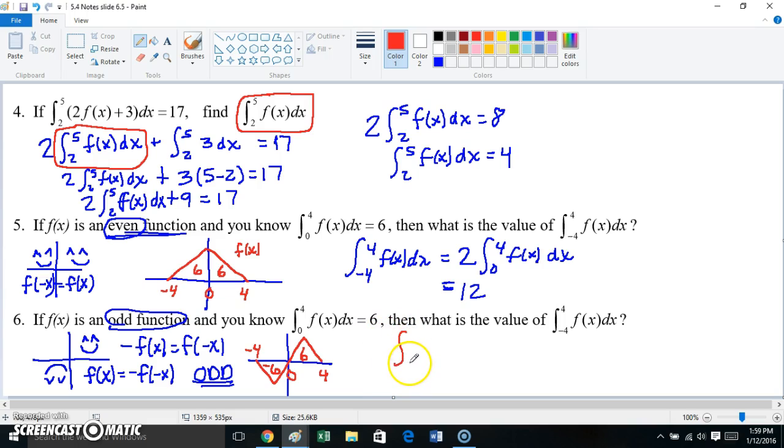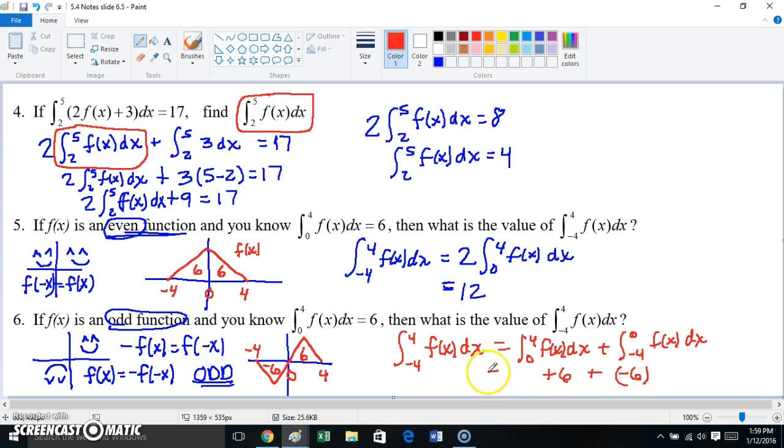So what is the integral from negative 4 to 4 of f of x dx? It's going to be the integral from 0 to 4 of f of x dx plus the integral from negative 4 to 0 of f of x dx. But we know this is positive 6, and this is negative 6. So the area under the curve is 0.